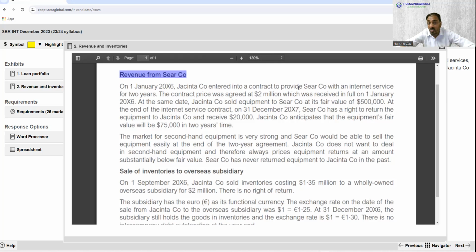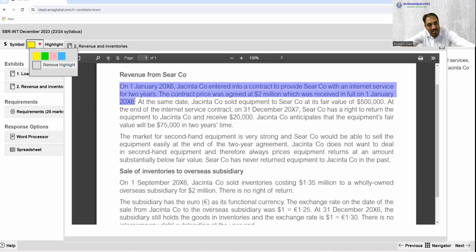Jacinta entered into a contract to provide Share company with internet service for 2 years. The contract price was $2 million, which was received in full on 1st January X6. So this is the aspect of internet service.